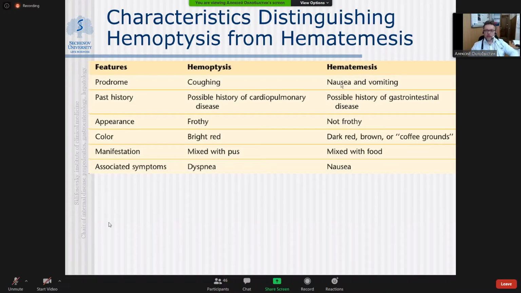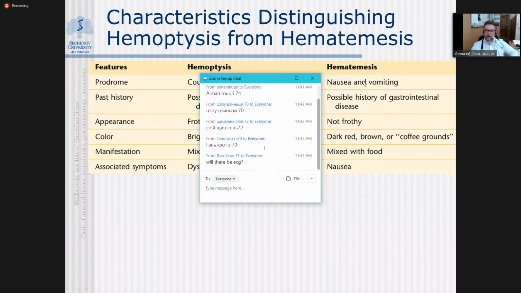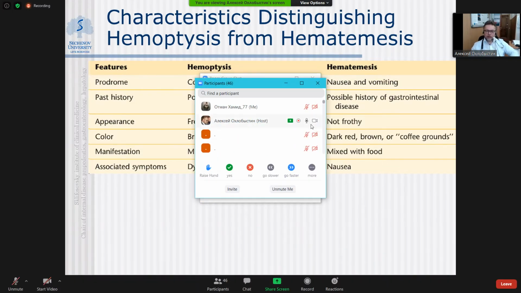So ask the patient about the presence of nausea before the patient produced blood. If before that the patient had nausea, that is vomiting, that is hematemesis. If not, if it's difficult for the patient to breathe, if it's frothy, then it's hemoptysis.